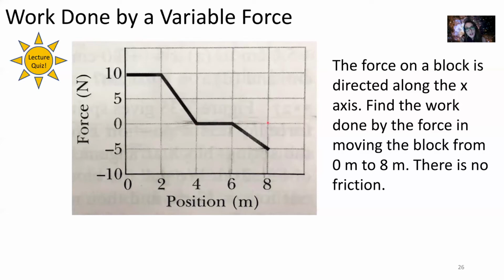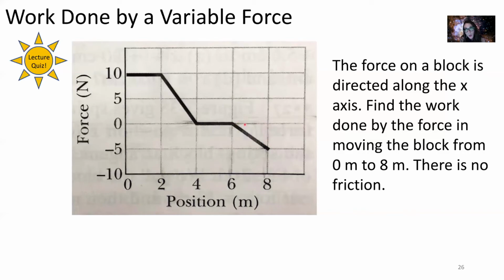And then over here, okay, we're still moving from 6 to 8 meters along the x-axis, but now our force is negative. That means our force is opposite the direction of displacement. If our force is opposite the direction of displacement, then we're going to be doing negative work on the system. And so to find that value of work, we start here at our 0 axis, and we find the area of this little triangle right here.